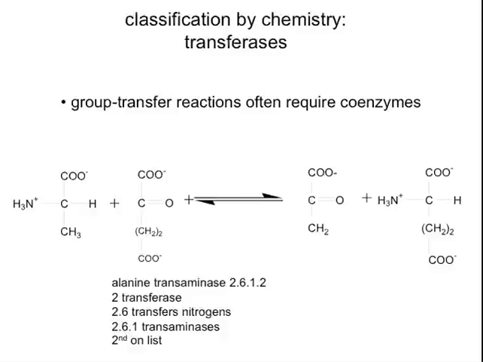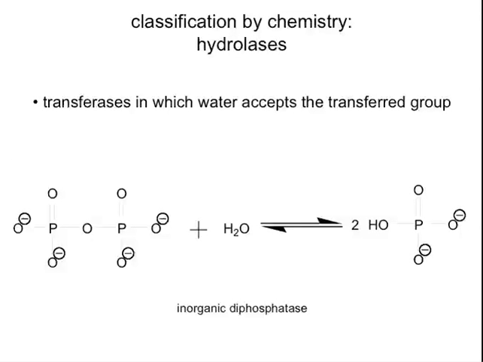So moving on from the transferases to the hydrolases, which are really transferases in which a water is accepting the transferred group. In the case of this example, inorganic diphosphatase, water is accepting phosphoryl groups. So we go from this pyrophosphate here, addition of water across that phosphoester, to form 2 inorganic phosphate molecules.